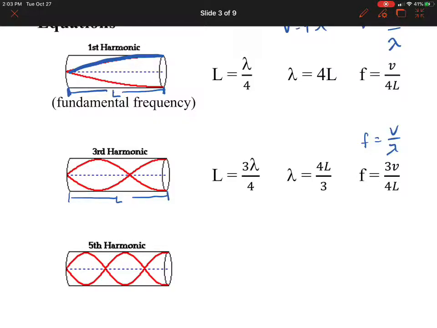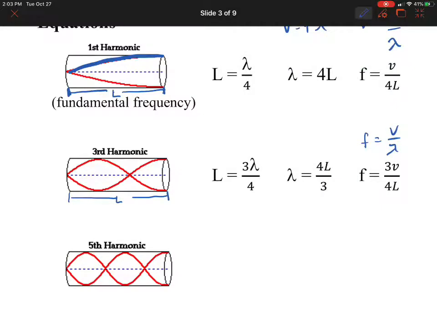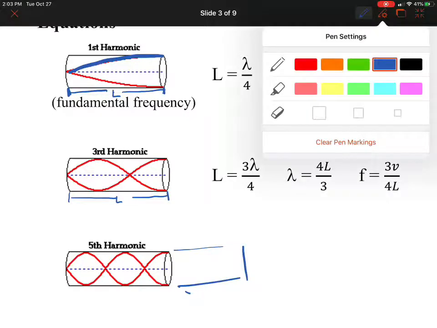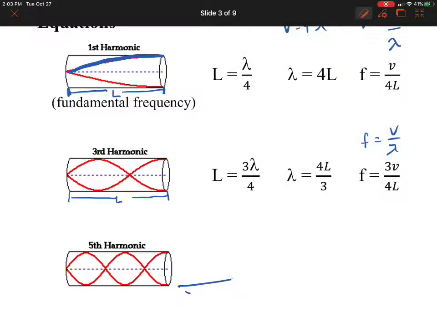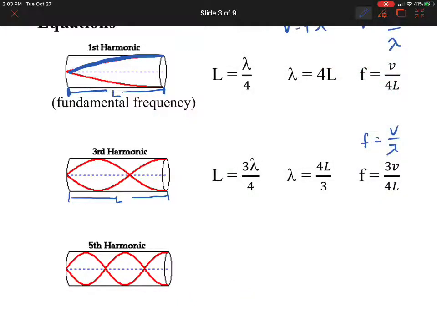So here is our fifth harmonic. And again, if you just assume that you finish off this air column, it's going to be nice and symmetrical, then we will have 5 standing waves there. Okay, so let's look at the length of this guy. Well, what was it again? There's 1 full wavelength plus another 1/4.